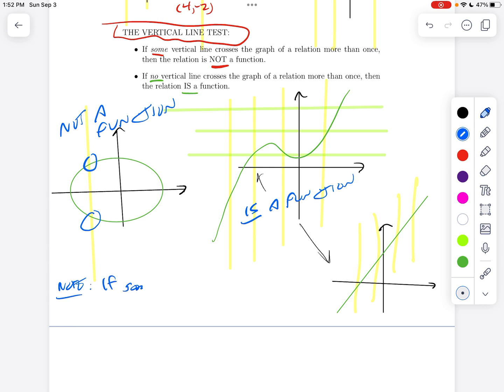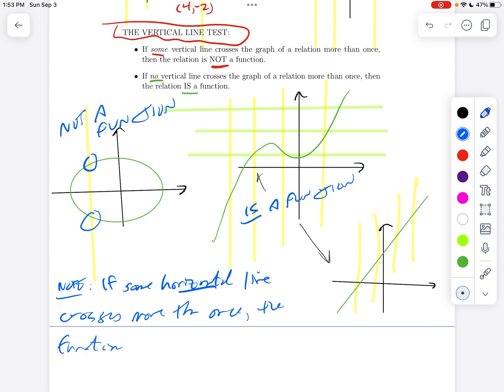If some horizontal line crosses more than once, the relation might still be a function. We're only talking about what's called the vertical line test.